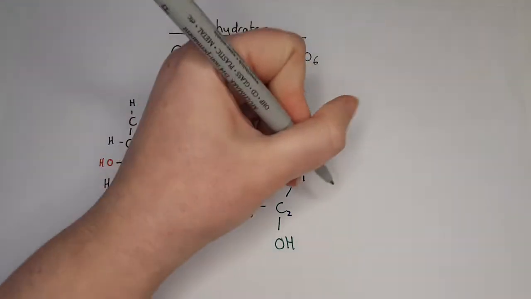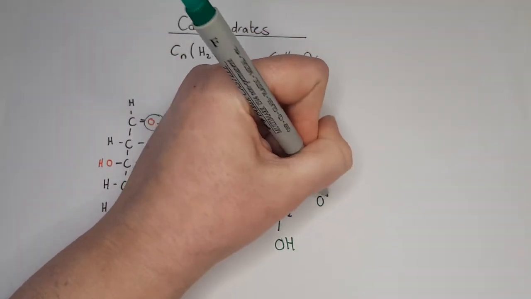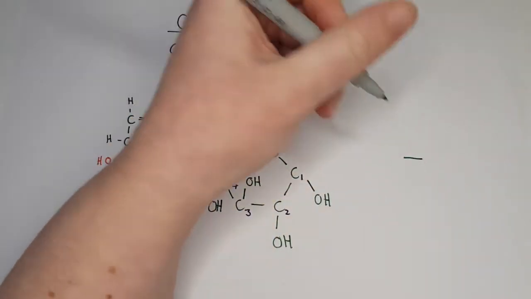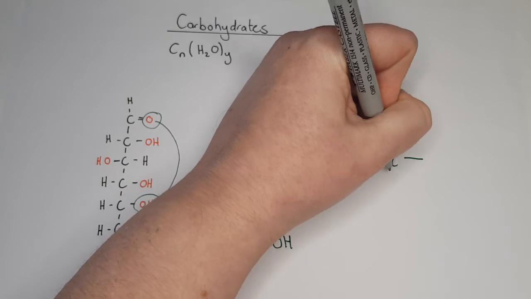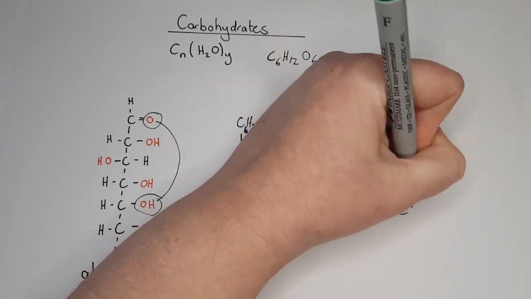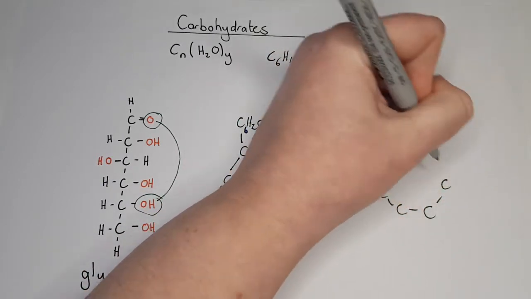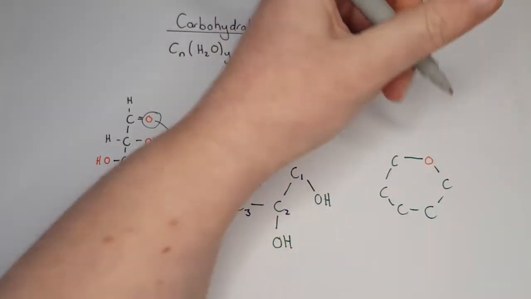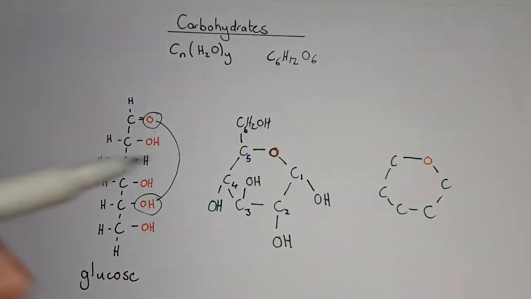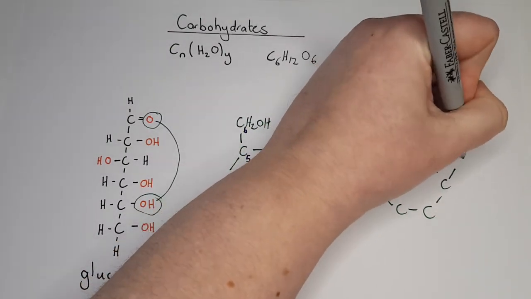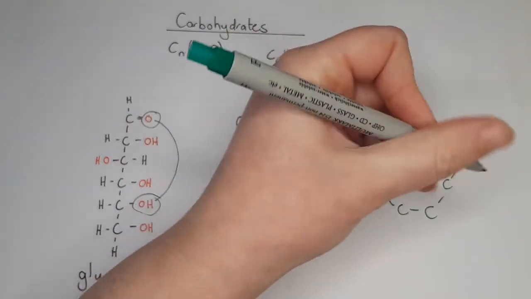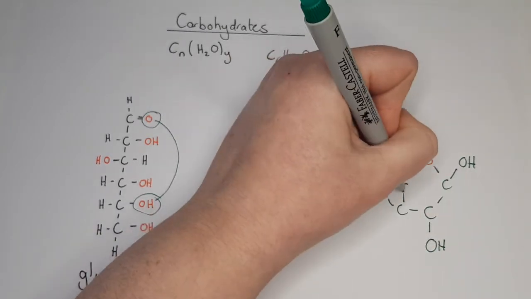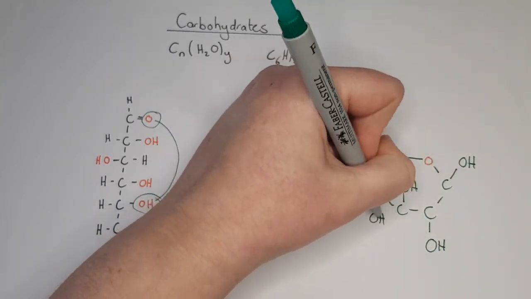So either it's going to go down, or I would have another ring where the OH on carbon 1 would go up. And then 2, 3, and 4 are still down, up, down.